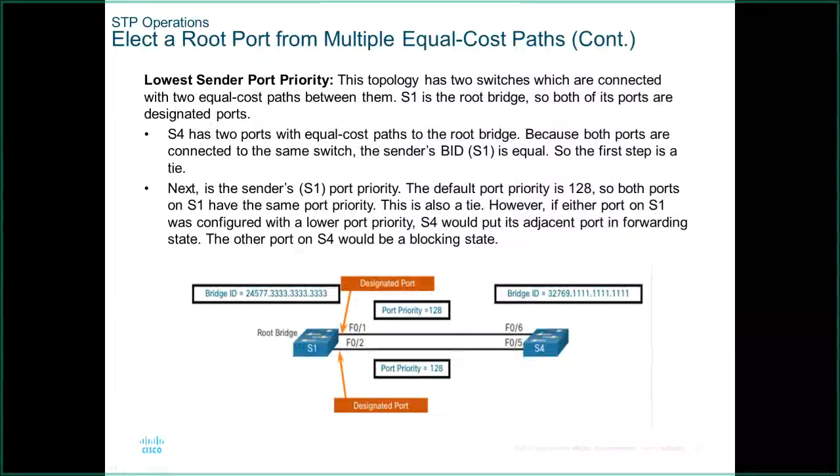So both ports that it comes in on are receiving the same bridge ID. It's receiving the same priority. So what's the deciding factor?